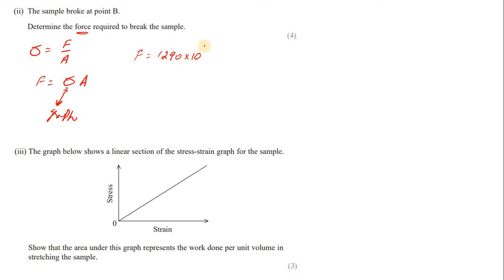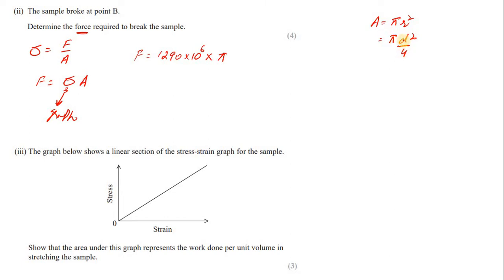This is stress times area, and this is a wire, and area is pi r square. Remember, for the area of a wire we have a choice. We can do area is pi r square, or you can say pi d square by 4. I'm comfortable with this formula because I just want to avoid a step.